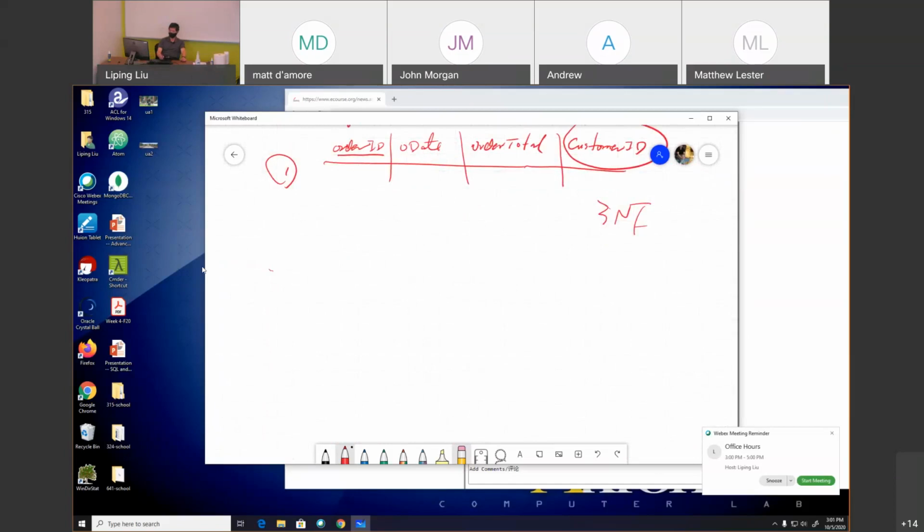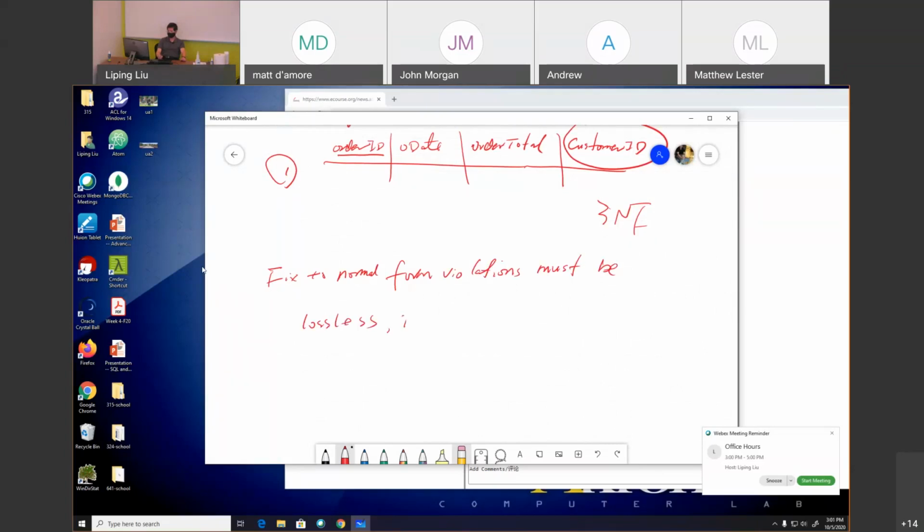So fixing violations to normal form must be lossless.